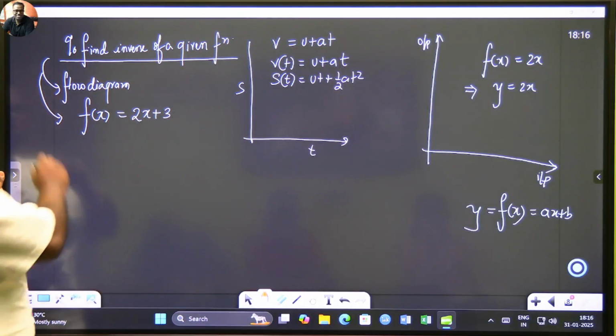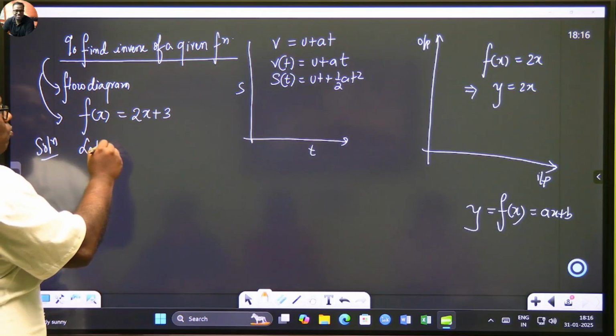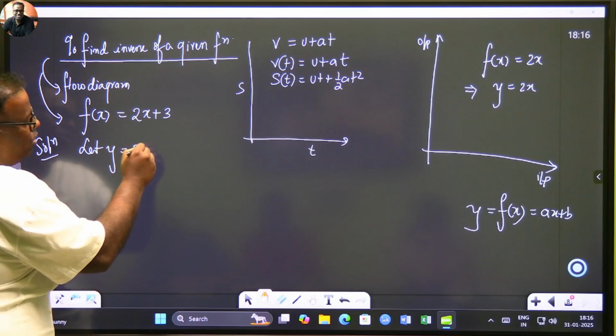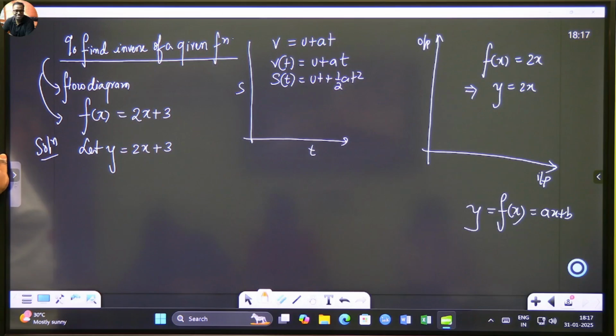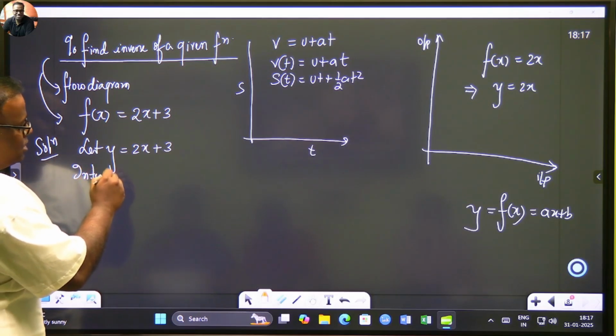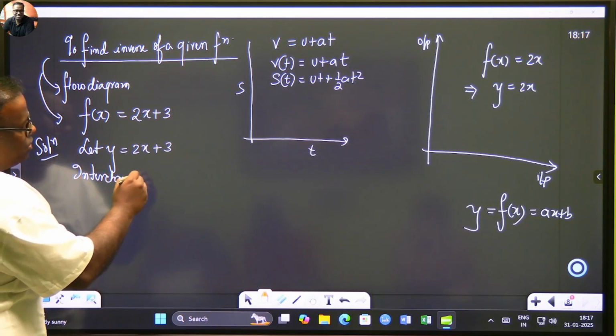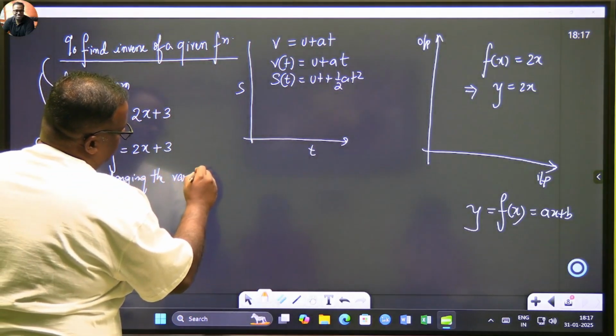Step number 1. How do we calculate inverse? We'll say let y equal to 2x plus 3. Then what do we do? We say interchanging the variables.